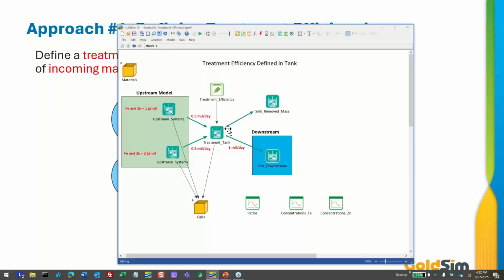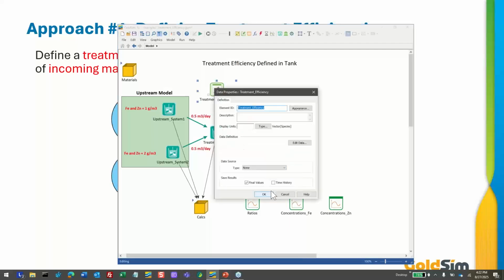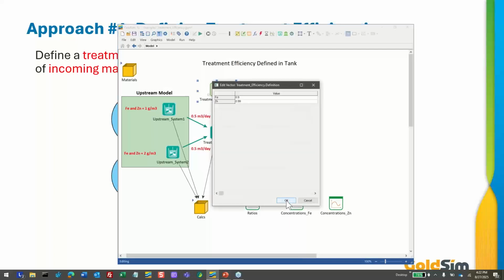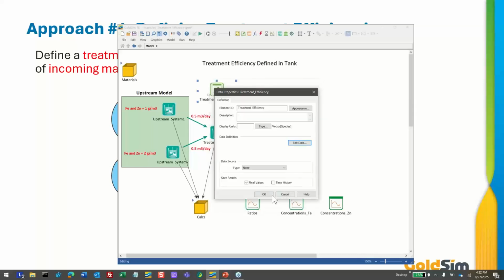The difference is I have a treatment efficiency defined, and it's a vector, because I have two species, so I have to define a treatment efficiency for both species. I could define 0, in which case there is nothing removed, no treatment. Here I've said iron has a treatment efficiency of 0.9 and zinc has a treatment efficiency of 0.99.